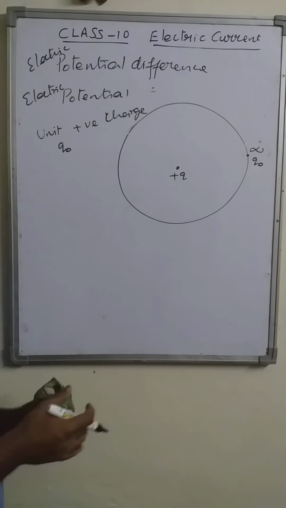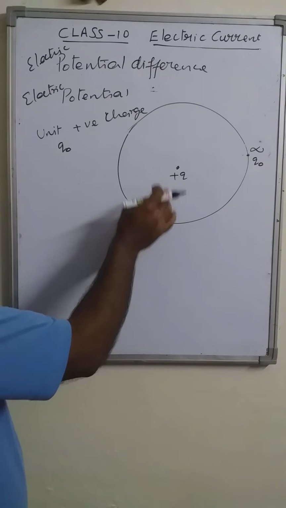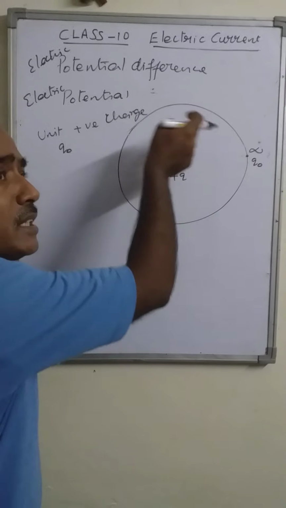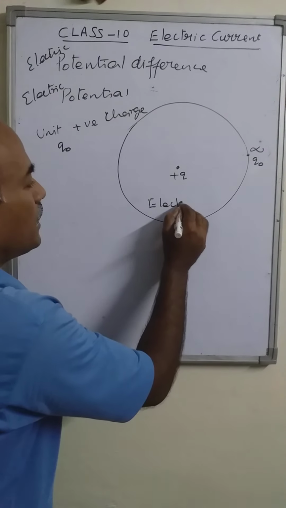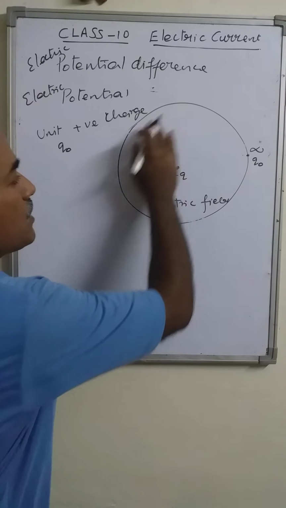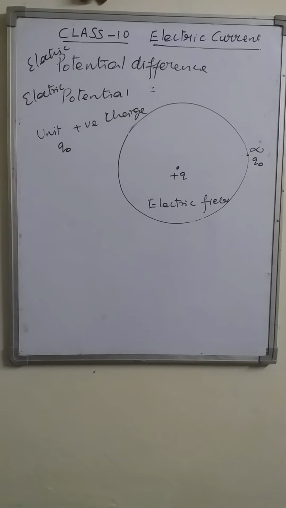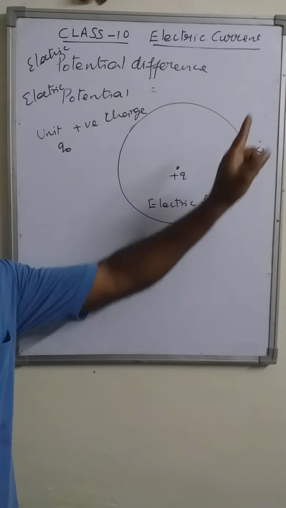One more thing I should say, the space around this charge in which it can exert force on another charge is known as electric field. So this space around this charge is the electric field. Here we are putting this unit positive charge which is at infinity.